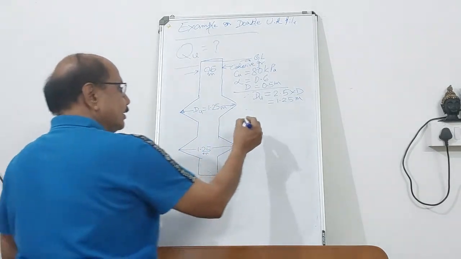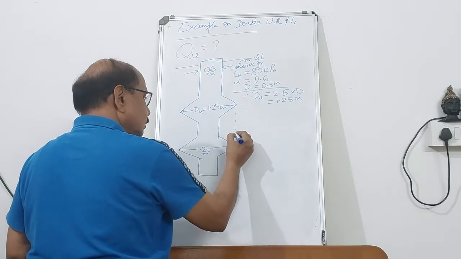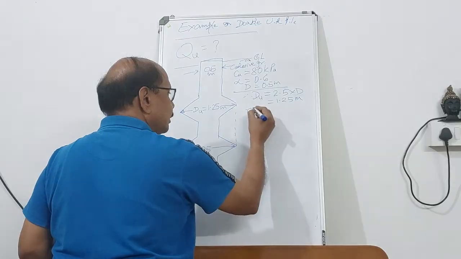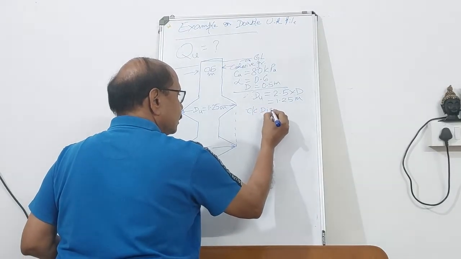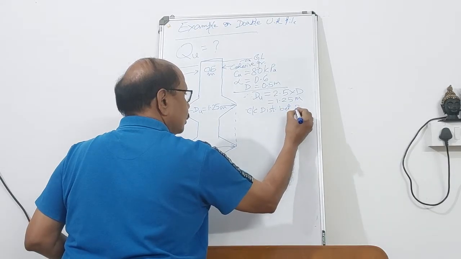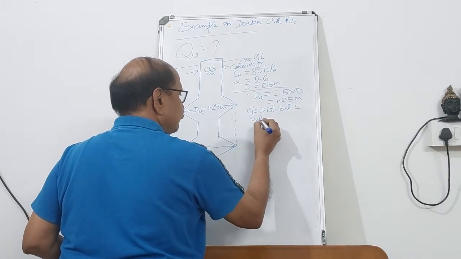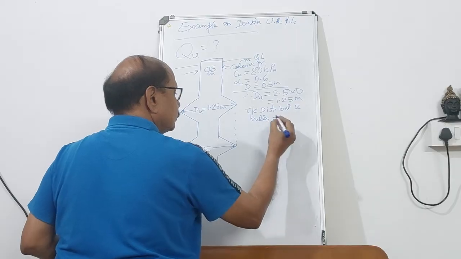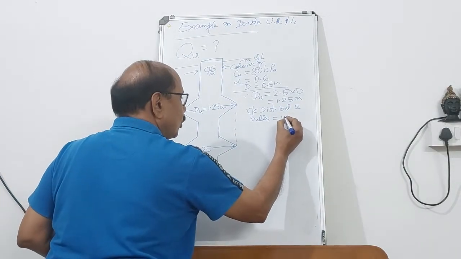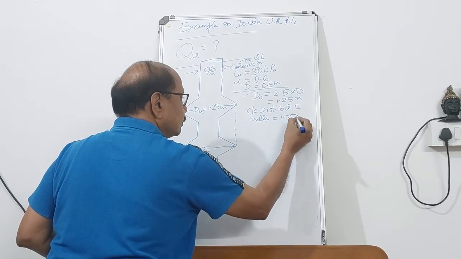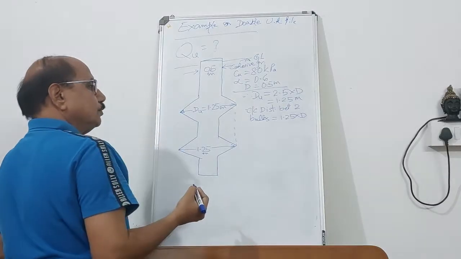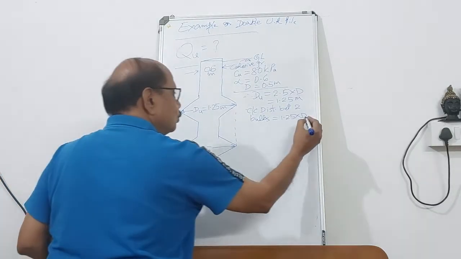And the center to center distance. This is the center to center distance between the two bulbs. The distance between two bulbs will be calculated as 1.25 times du.